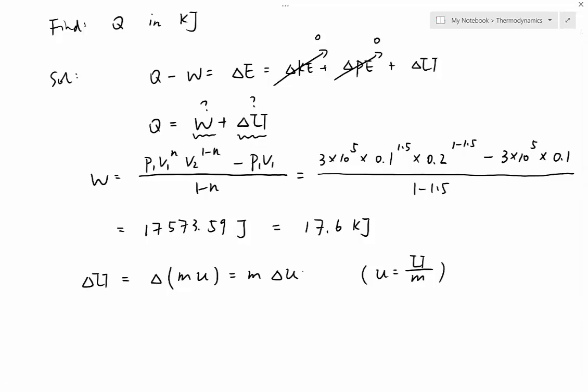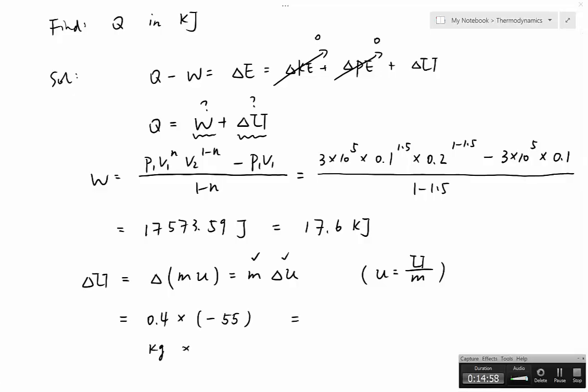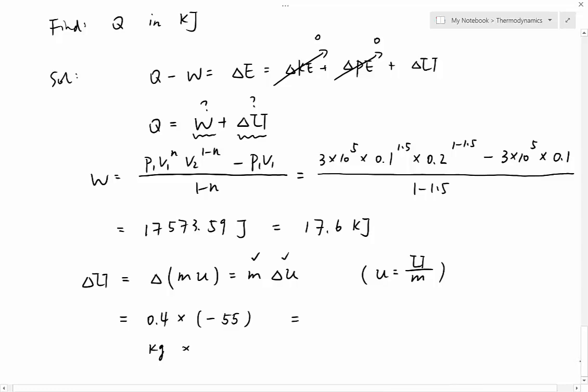Do we have the mass of the system, the gas? Yes, we do. Do we have delta lowercase u? Yes, it's given. So things become really easy, we just plug and chug. Mass is 0.4 kilogram, multiplied by delta lowercase u, which is negative 55.